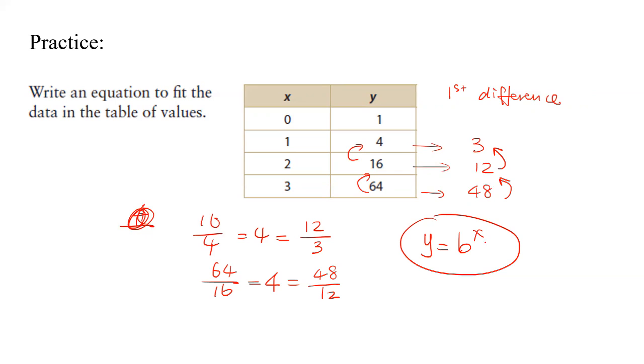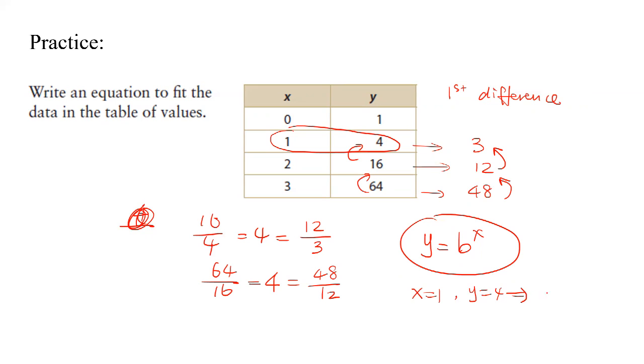y equals b to the x. And we can put in a pair of x and y to determine the value of b. For example, when x is 1, y is 4.